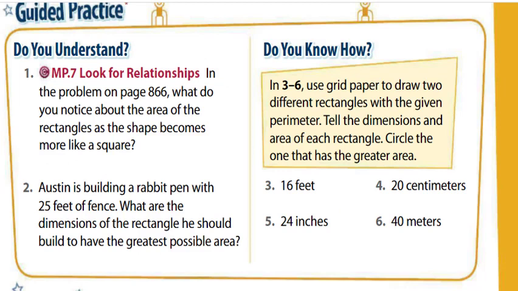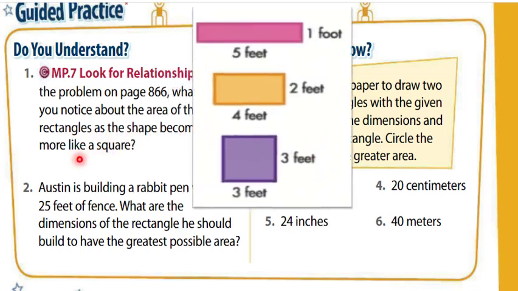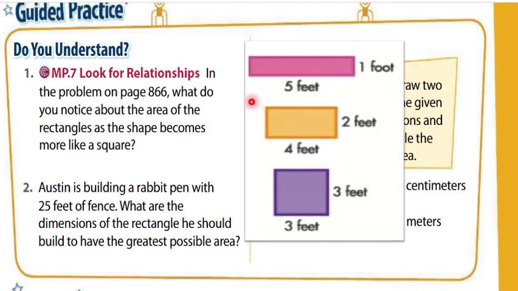Okay, so next page, question 1. In the problem on page number 866, what do you notice about the area of rectangles as the shapes become more like a square? This problem is related to the shapes we have seen in the video as well.